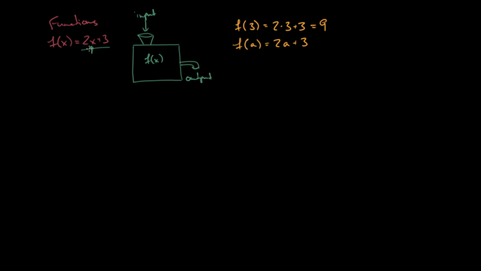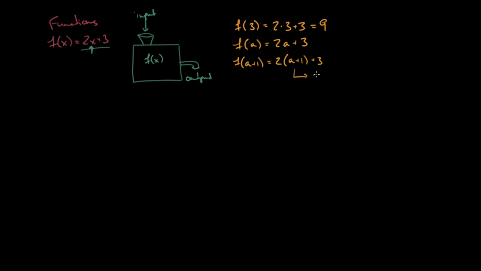But let's say we want to plug in something more than just a variable itself. What if I want to take f of a plus 1, for example? If I plug in a plus 1, the exact same thing is going to be done in that order. I'm going to multiply by 2 and add 3. So I'm going to get 2 times a plus 1, plus 3.